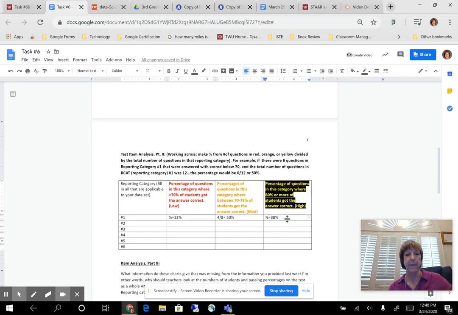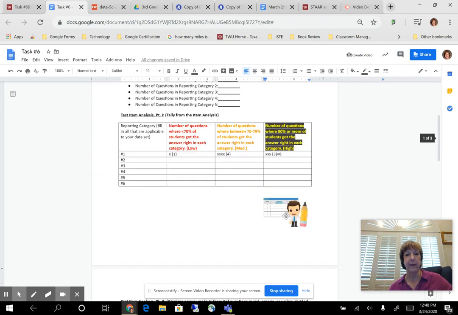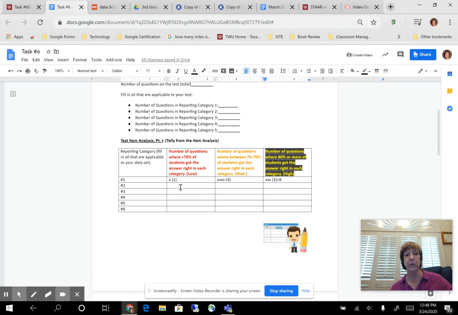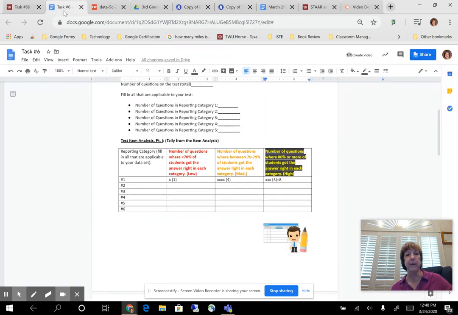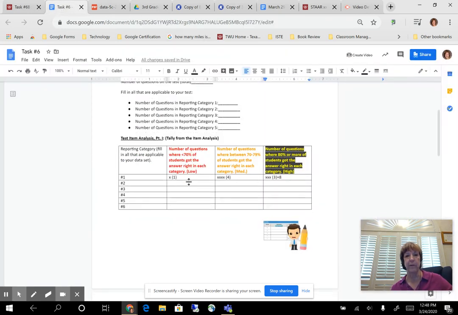So let's recap. What I need you to do is I need you to, first of all, go through each reporting category and simply count the number of questions in each. Remember, you look in the question itself to find which reporting category it is. And you can see right here, that's where it's shown. Then you're going to simply just count them on the first chart.